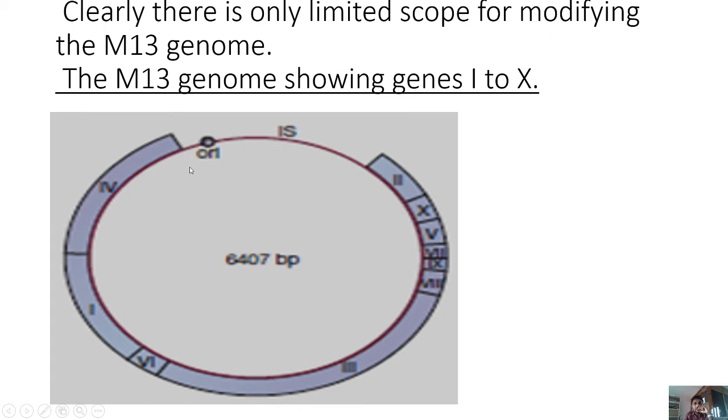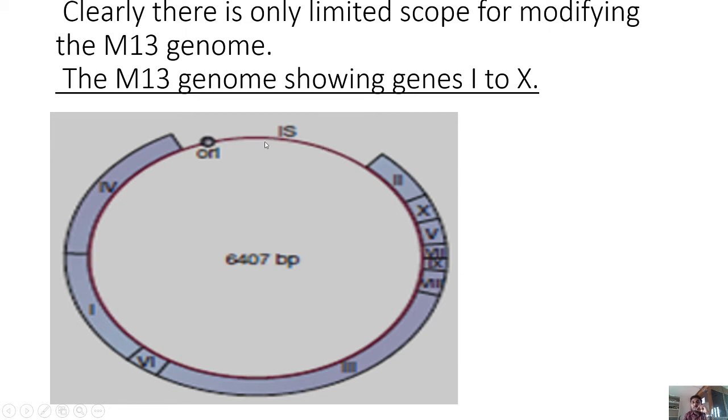See, this is the intergenic region, and it has a length of around 507 nucleotides. Actually it doesn't code anything. That's why we get the choice to modify these regions.